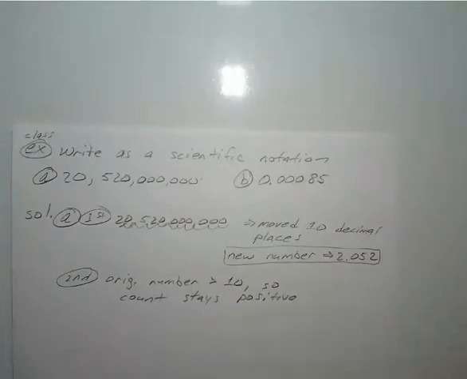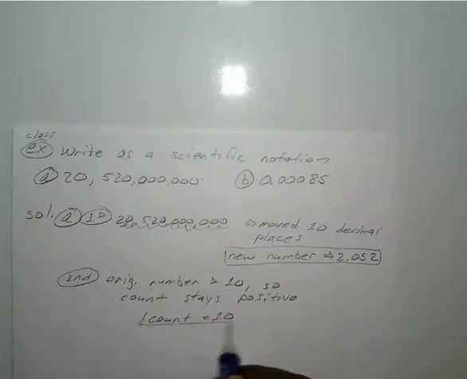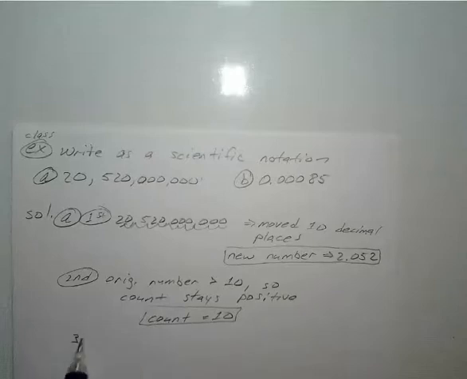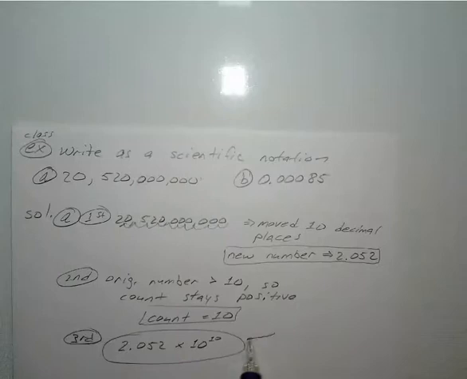I've kind of cut back on the writing on this one, so your count equals positive 10. Now your third step is you just combine the two. So you have 2.052 times 10 to the 10th power. Okay, so that's your scientific notation.